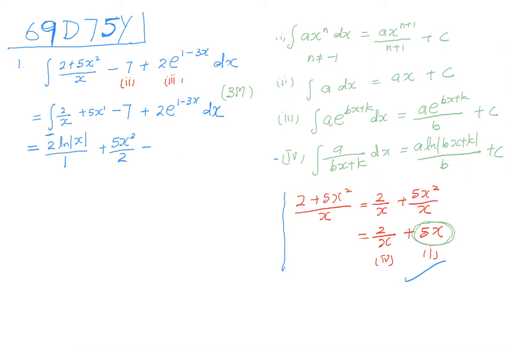Take away, integrate a constant times x. Plus, you integrate the exponential term. You copy down the whole thing. Divide by the coefficient of x. Then plus c.